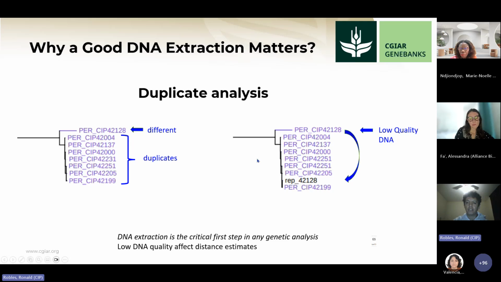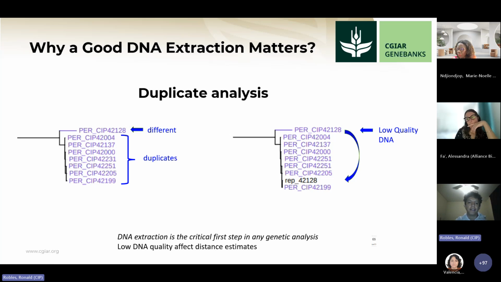In this image, we see that the repeated sample falls inside the cluster, while at the beginning it was different. Now we see this accession as a member of this cluster of duplicates. So what happened here? What can we see about these initial results?